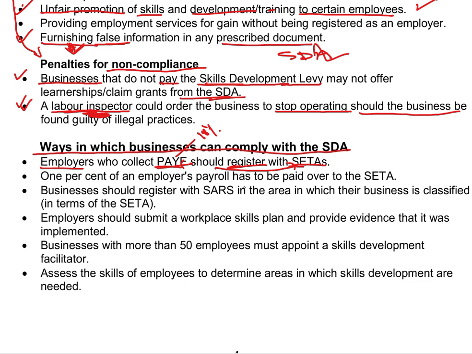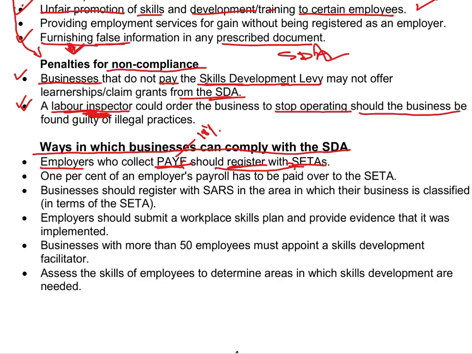Now you get grants for training employees. So let me just make it short. Example, a retail shop registers with FASSET, pays the levy and gets money back for training.